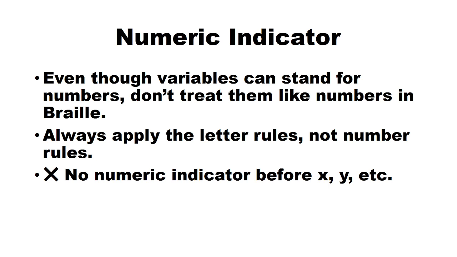So we do not use the numeric indicator, that's dots 3, 4, 5, and 6, before these variables. We apply the letter rules, not the number rules. So we don't put a numeric indicator before our variables like letter X or like X, Y, or Z, no? And so on.